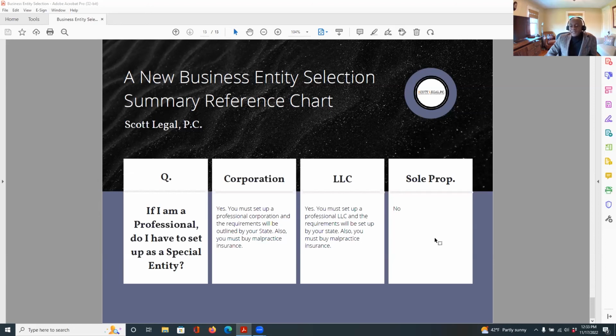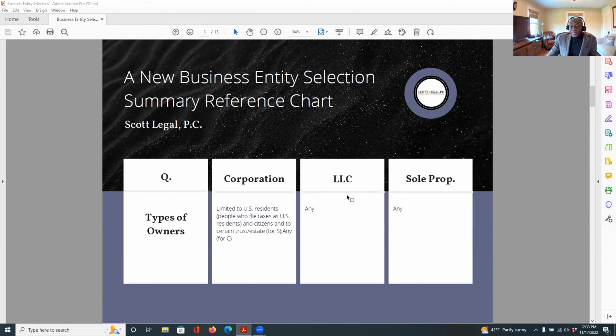So it's very important in the United States to have malpractice insurance if you're a lawyer, because even if you have a corporation, you can't just hide behind the corporation. They want to make sure that everyone who's setting up a professional corporation and holding themselves out as professionals actually does meet the requirements of that particular body.